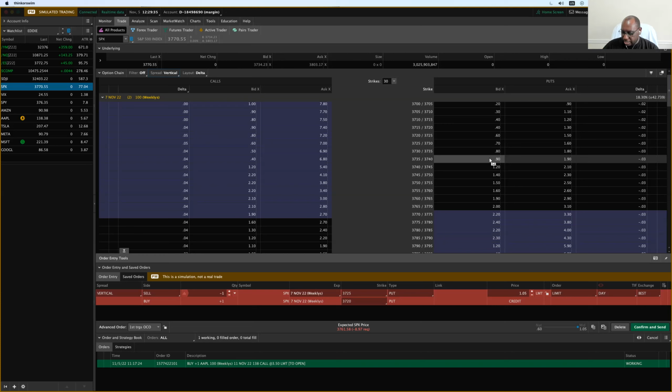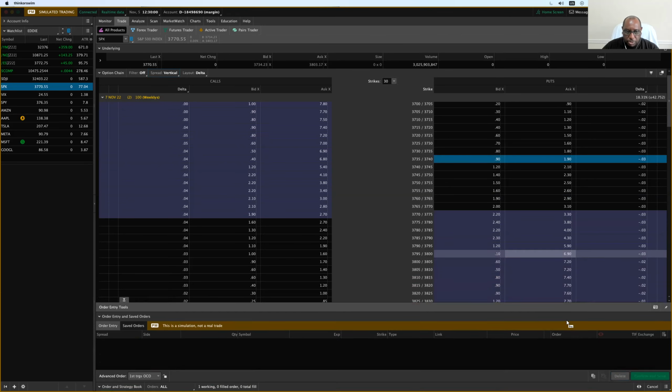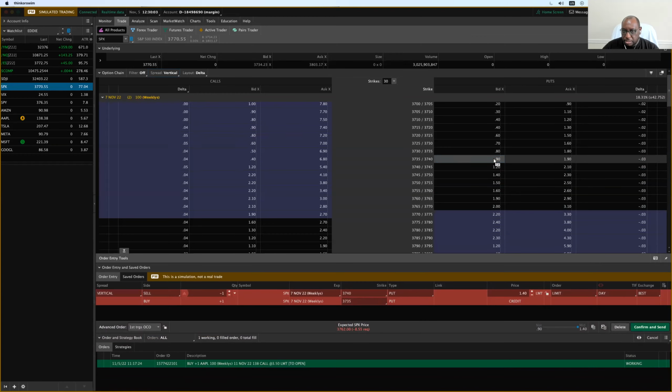What I'm saying is that we're depending on one of the fundamentals about credit spreads, or spreads in general, that as price moves away from the spread, the value of the spread decreases, right? With me on that? And as the price moves towards the spread, let's say you pick the 3735, 3740.